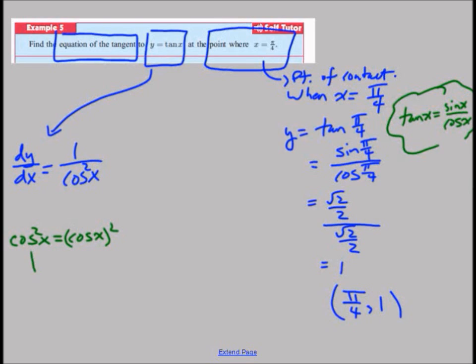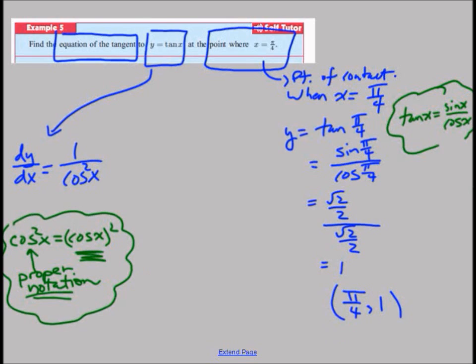Okay, but this is the proper notation. But just so you have it in your head that it actually means this thing. Okay, those are the same. Another little thought bubble.